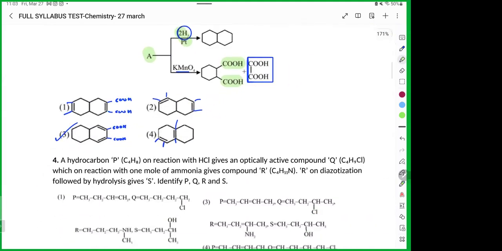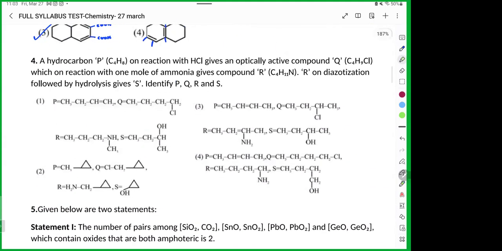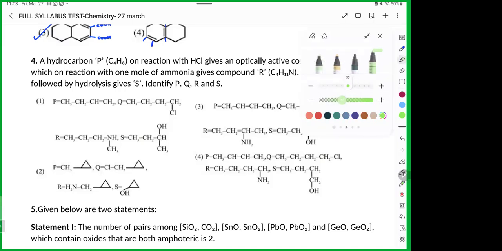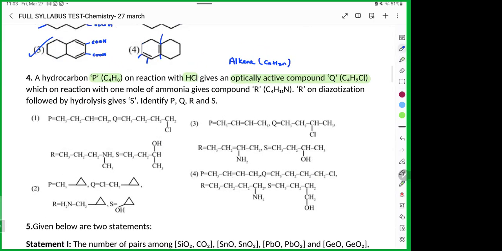If you don't have any doubt with this question, next: hydrocarbon P. It must be some alkene, because in the case of alkene you have CnH2n. It reacts with HCl and gives optically active compound Q. Optically active means there must be a chiral carbon.